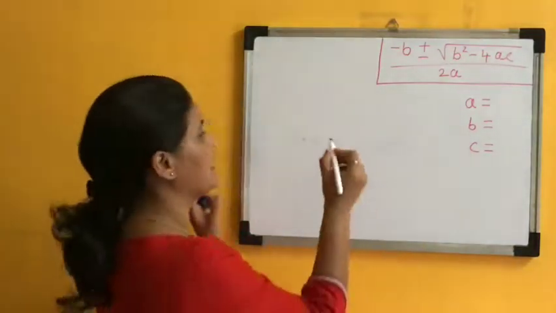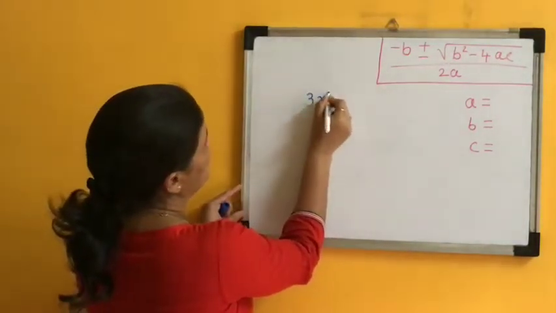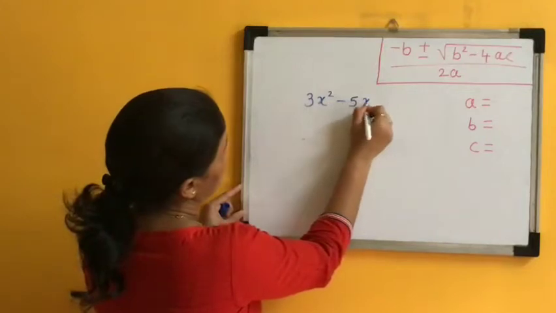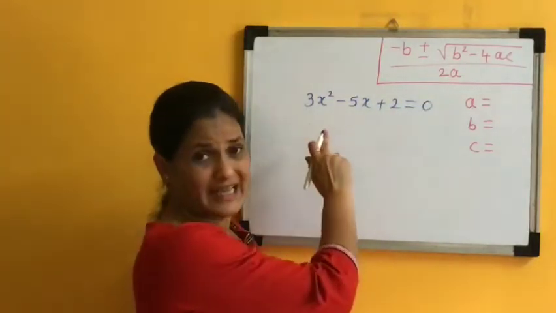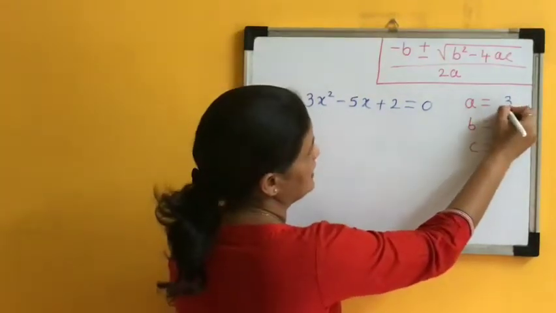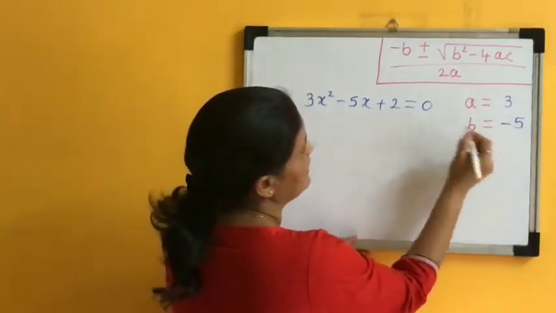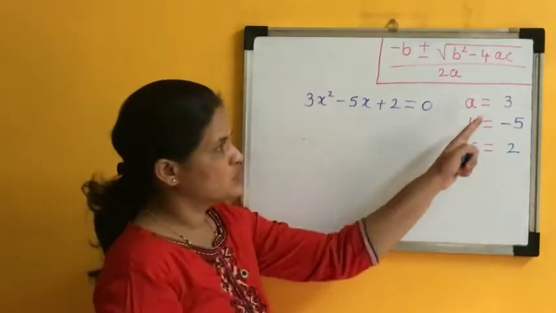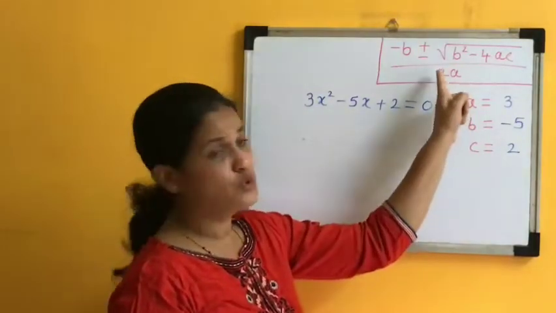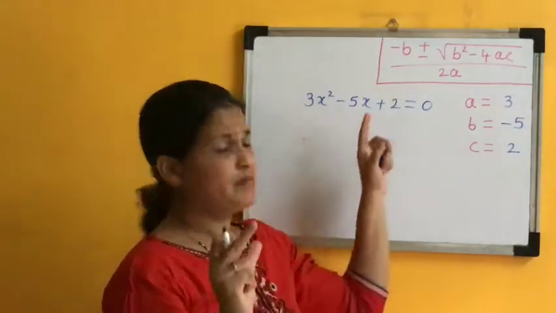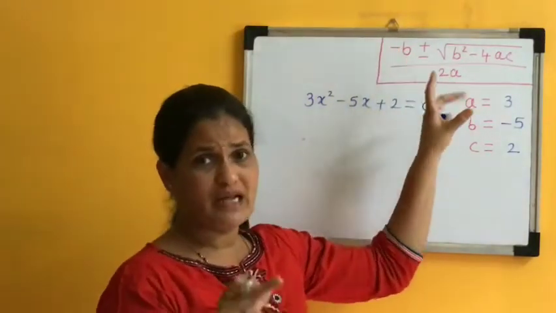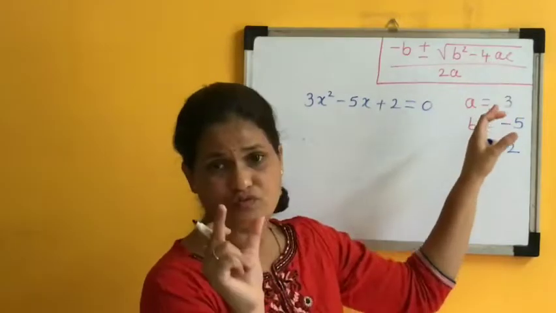So first example I am taking 3x square minus 5x plus 2 equals to 0. So here what is a, b and c? A is 3, b is minus 5 and c is 2. Now before putting the values in the formula, let's find out b square minus 4ac.